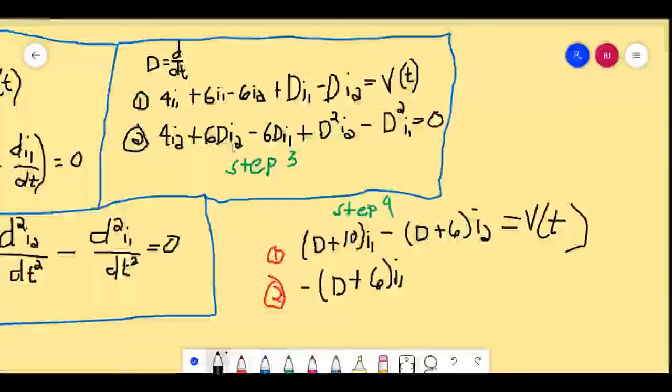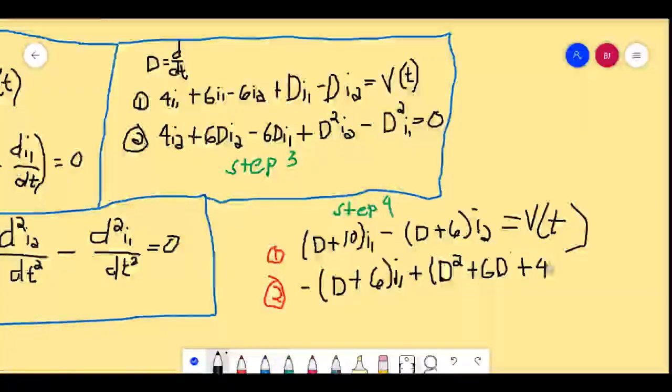Okay. Then the I2, so this would be 10 I2 plus d squared. So I will have here plus d squared, then plus 6d I2. I'm sorry, so plus 6d, no, I shouldn't have written I2 here.